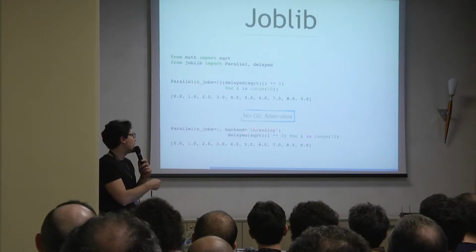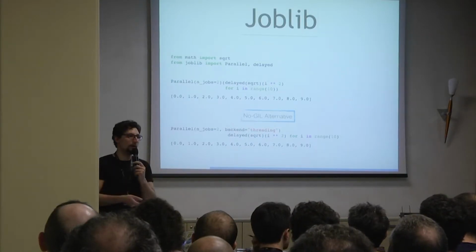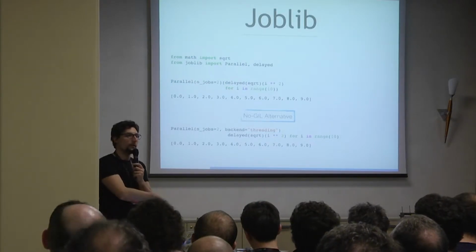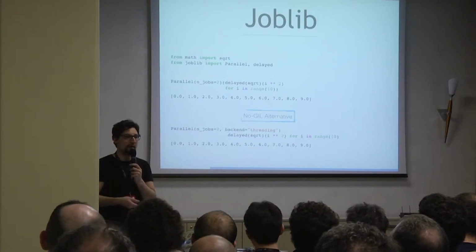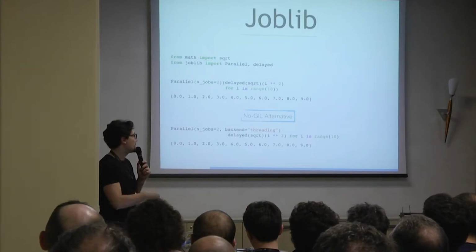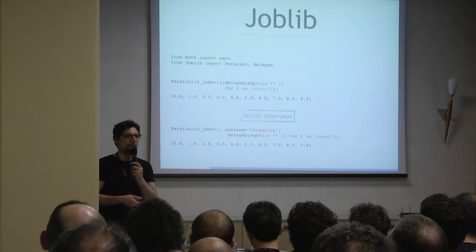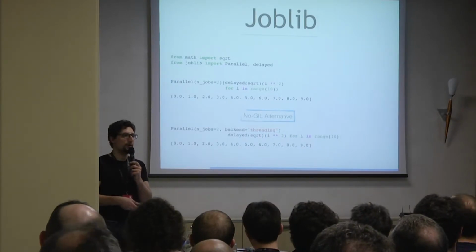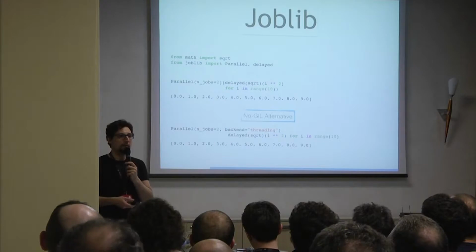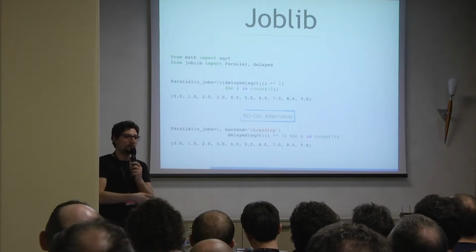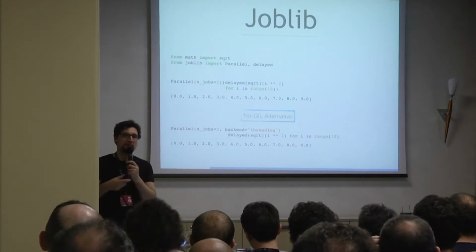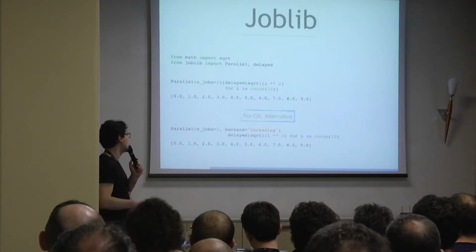We may use this backend to speed up the computation when we are sure that the code we are effectively parallelizing does not suffer from the problem of the GIL. This could happen, for instance, when we execute some NumPy or SciPy code that doesn't suffer from the GIL because of the C implementation in the background, for instance, C++ or stuff like that.